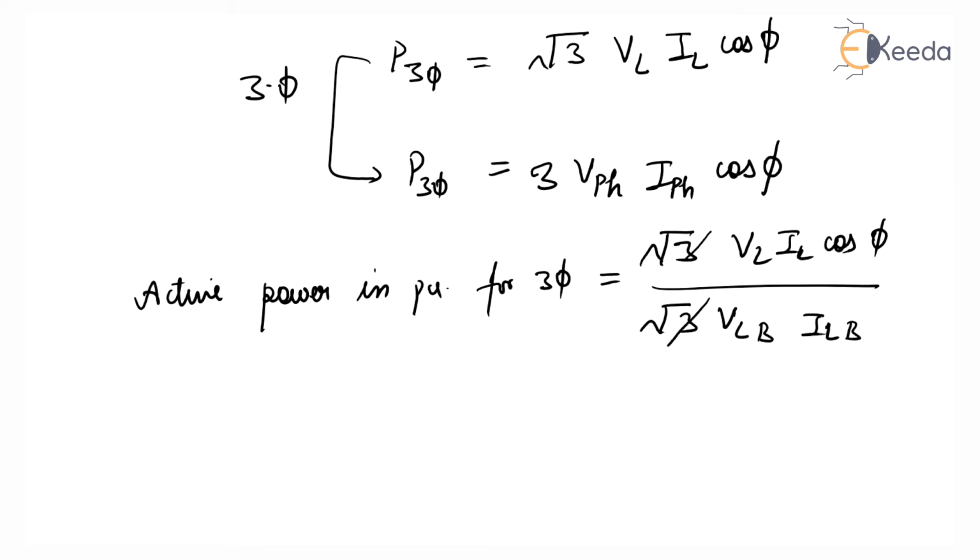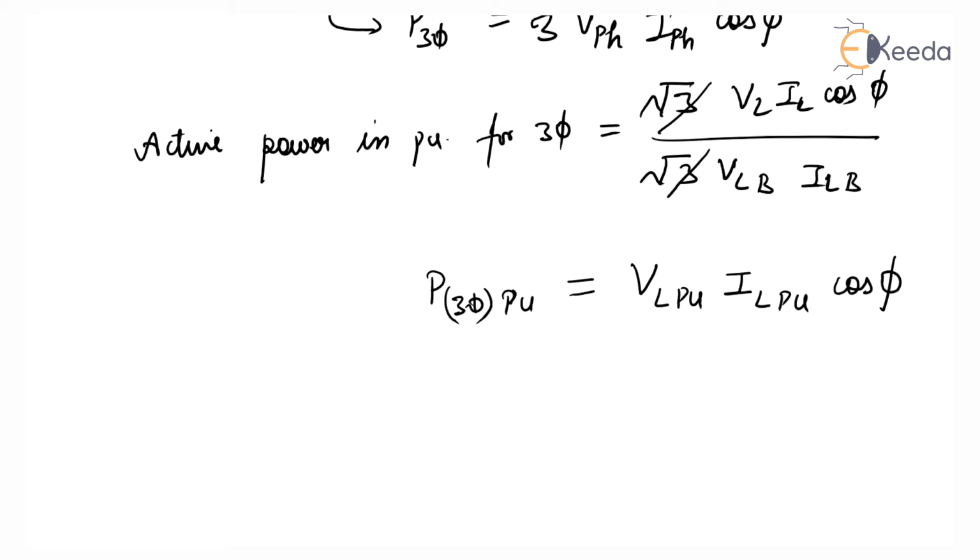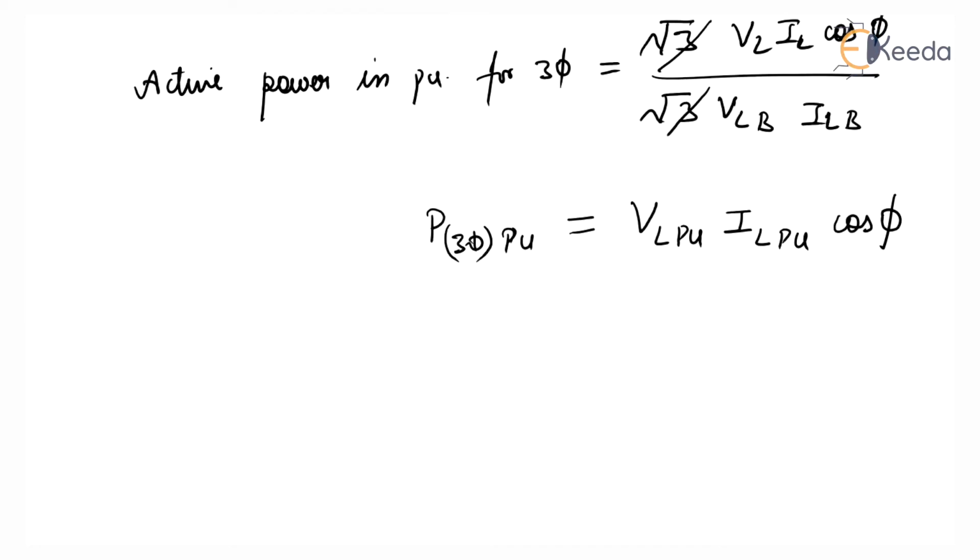So this root 3 cancels out. So P three phase per unit, the active power in per unit for three phase, is equal to line voltage per unit, line current per unit, cos phi. This VL upon VL base is the actual quantity upon the base quantity.